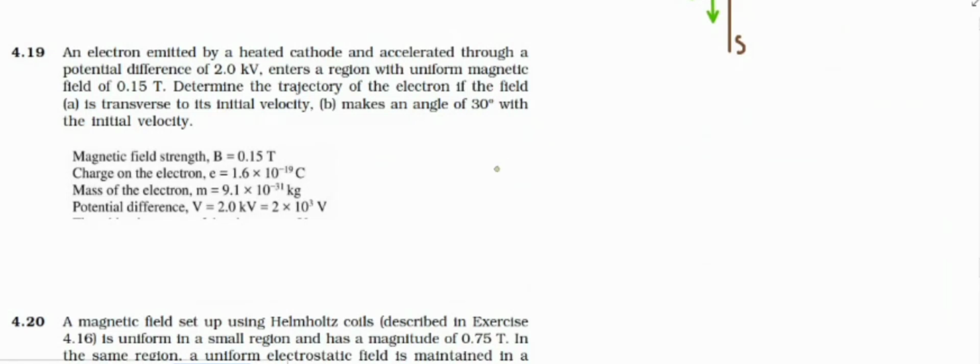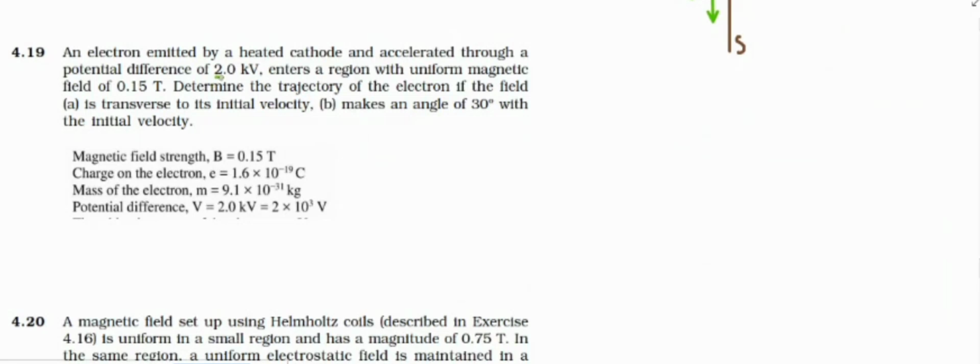So here, in the first case, we need to explain the trajectory of the electron. We know when it is normal, then it is 90 degree. 90 degree means the electron follows a circular path. All these you have seen in theory, we need to give the same explanation.